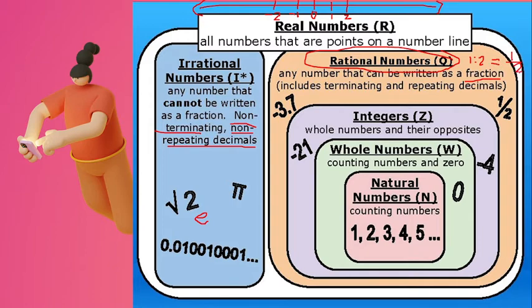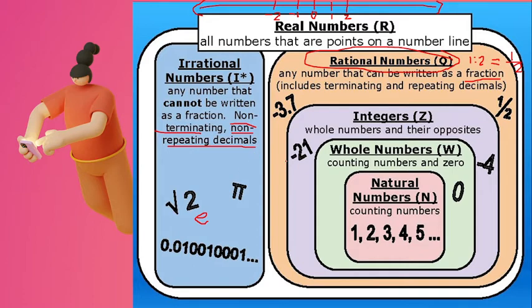Negative 3.7 is also an example of a rational number. Irrational numbers are the non-terminating and non-repeating decimals that cannot be written as a fraction. Sir, how about 0.5? Can it be written as a fraction? Yes, 1/2, right?